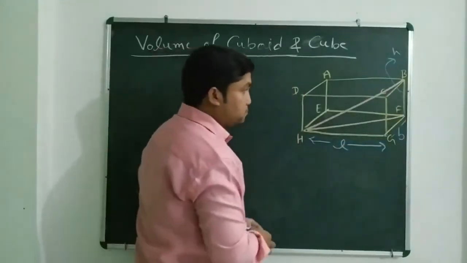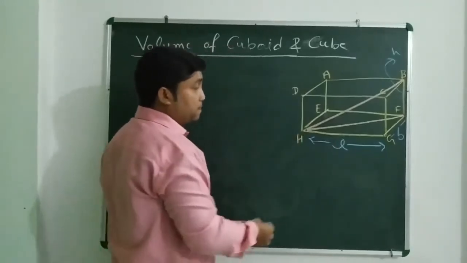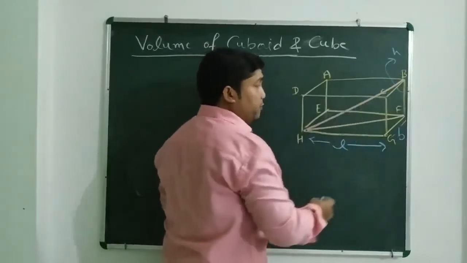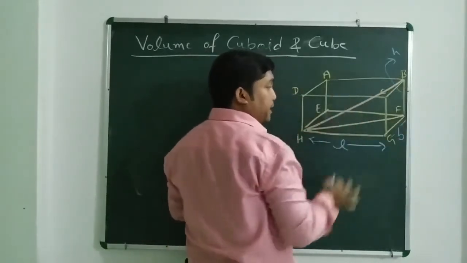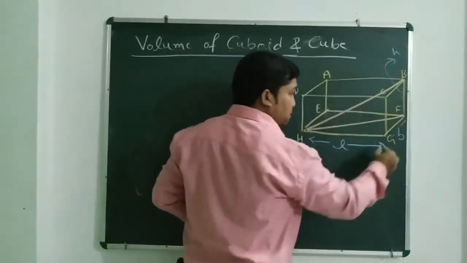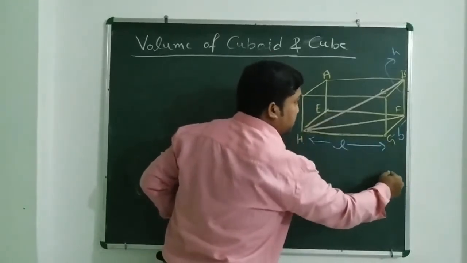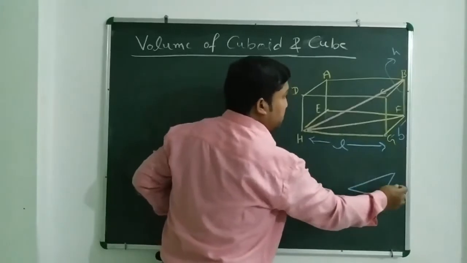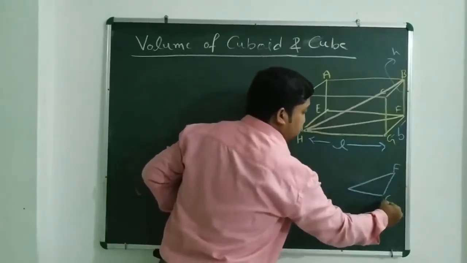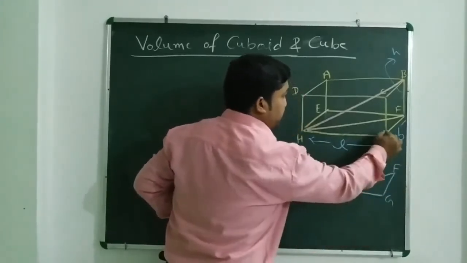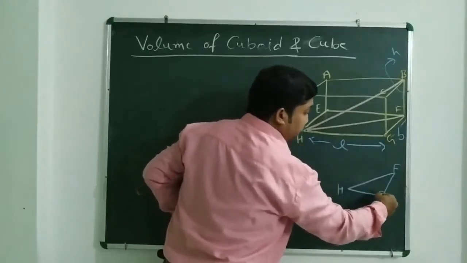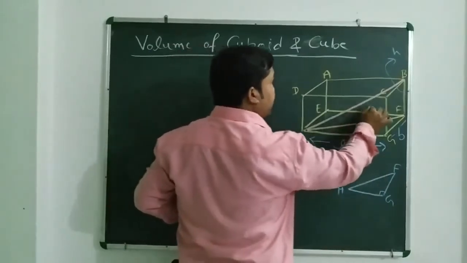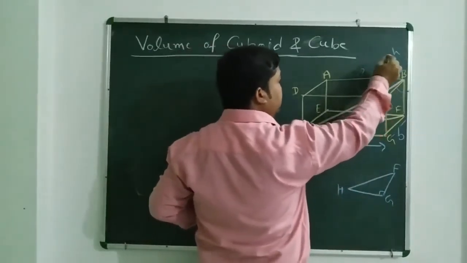You have seen that if we want to find the diagonal BH, we have two triangles. One is shaped like that: F, G, H, where G makes a 90-degree angle. And similarly we have a second triangle like that. What is that?